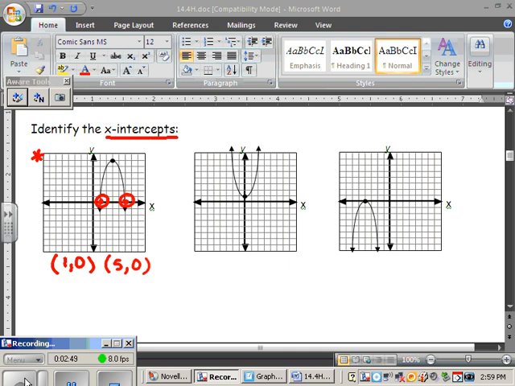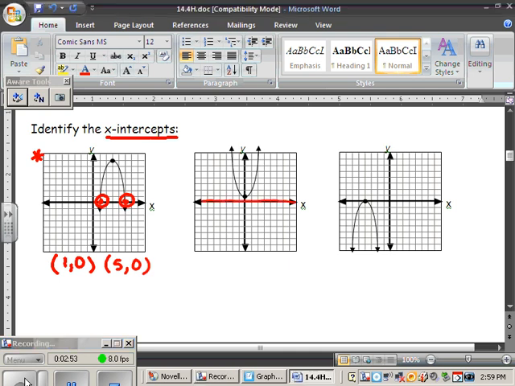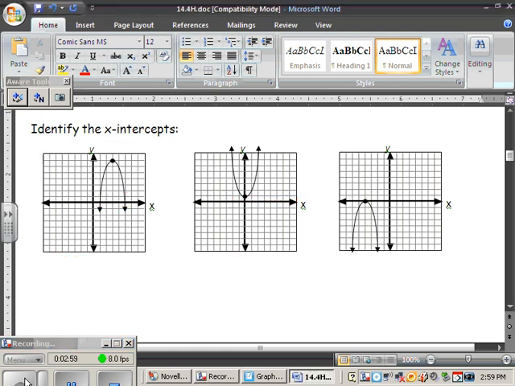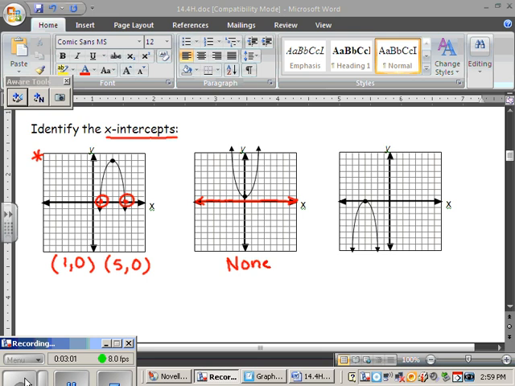In the second graph, notice when you look at the parabola that it never touches the x-axis. So obviously we cannot write a point, so in this case we'll just write none, which means there are no x-intercepts. In the third graph, notice that the graph only touches the x-axis at the vertex.